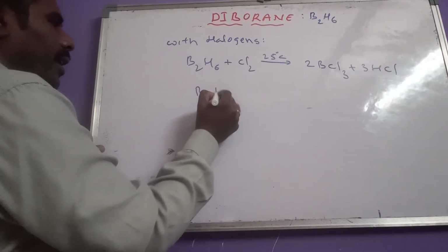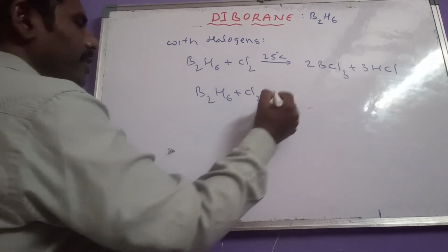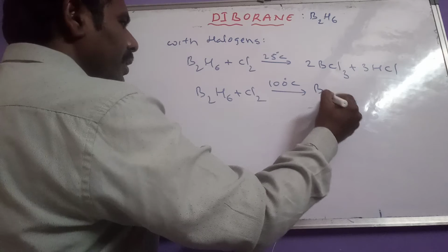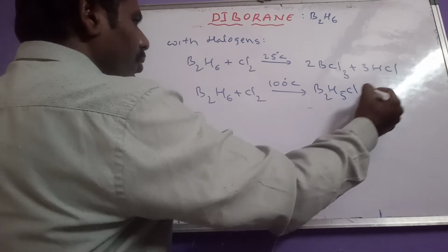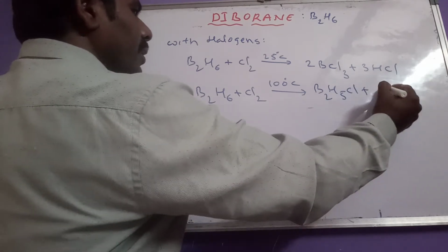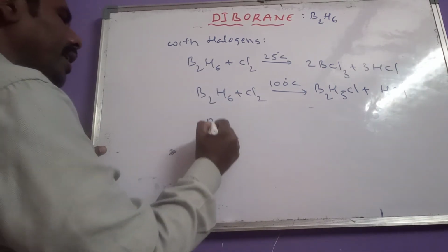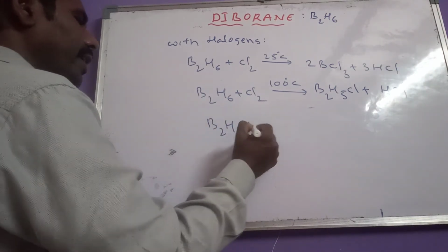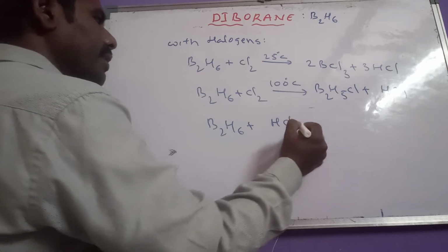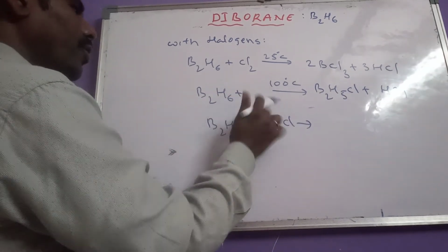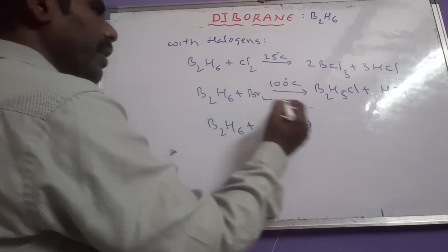But when diborane reacts with chlorine at 100 degrees centigrade, we get chlorodiborane plus HCl.